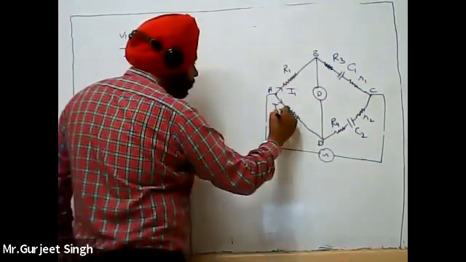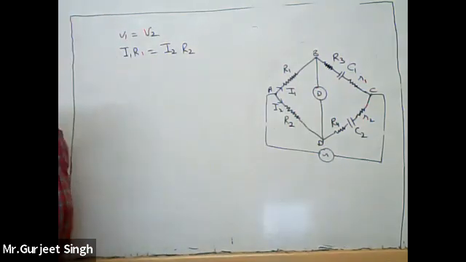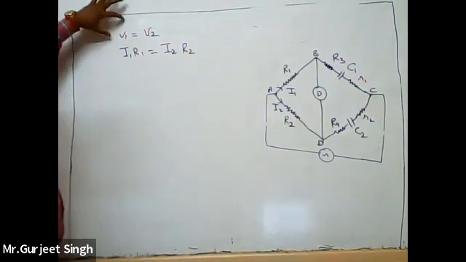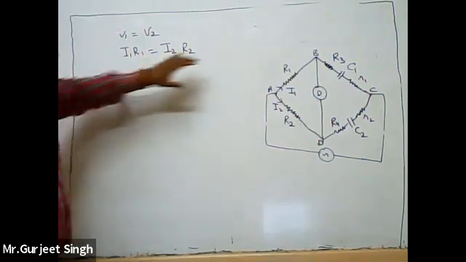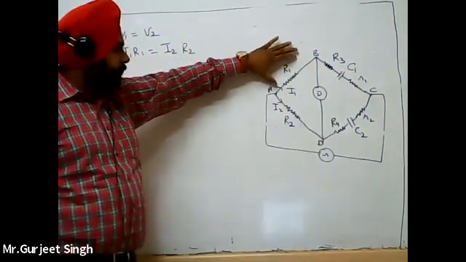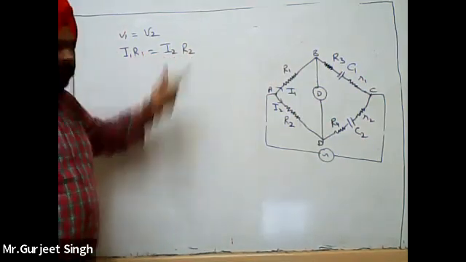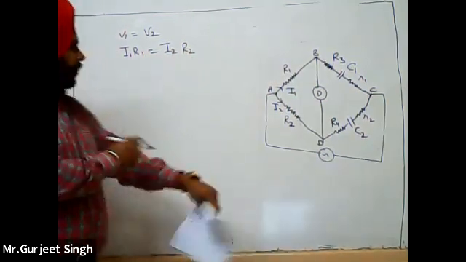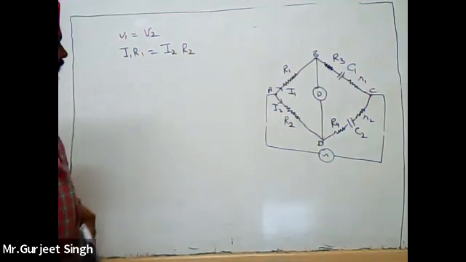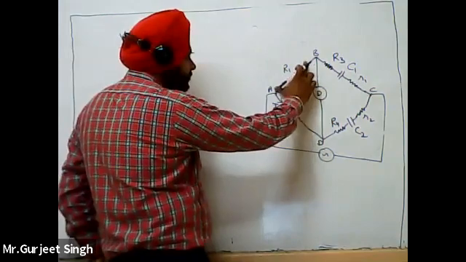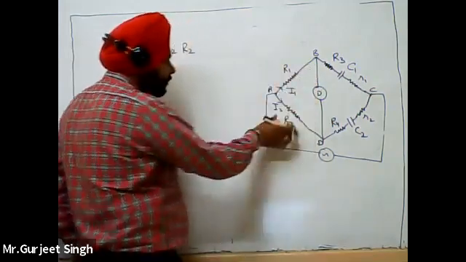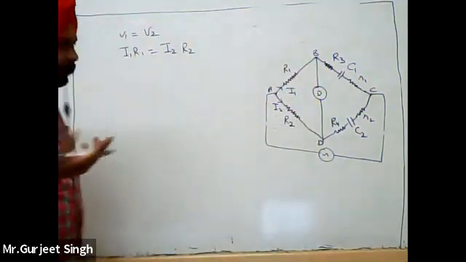The current I2 is flowing through this R. So at the balanced condition V1 is equal to V2, that is, according to Ohm's law, I1 R1 is equal to I2 R2. V1 is the voltage across this arm: this is I1 R1, and this is I2 R2.